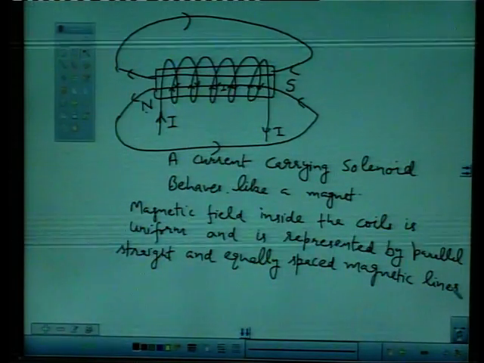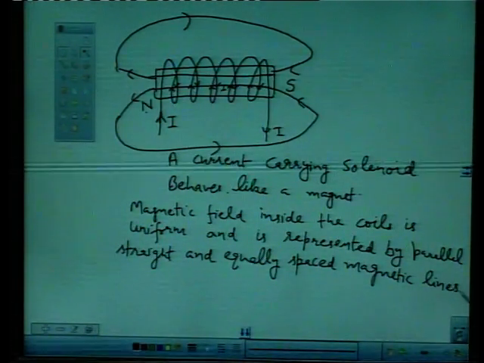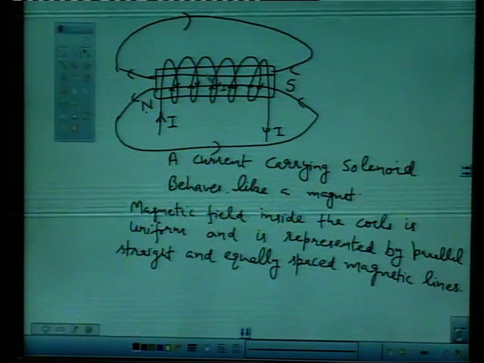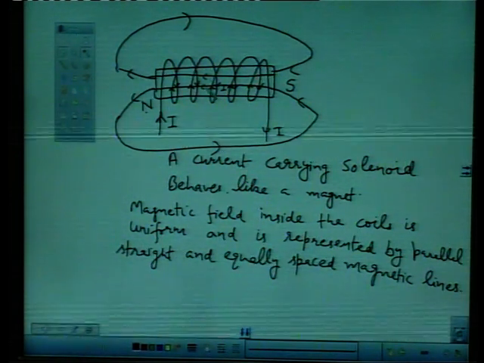The parallel, straight and equally spaced magnetic lines show that the magnetic field is uniform inside the solenoid.